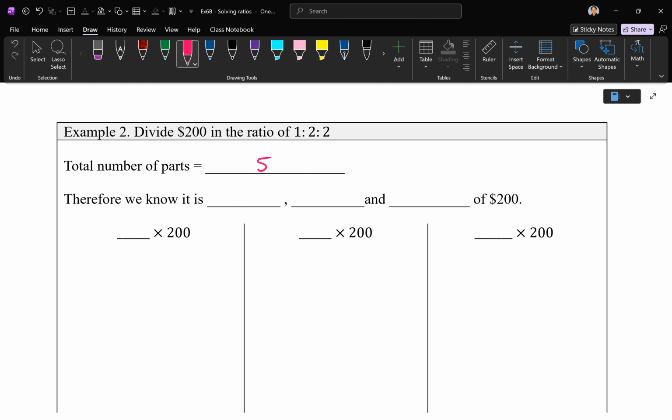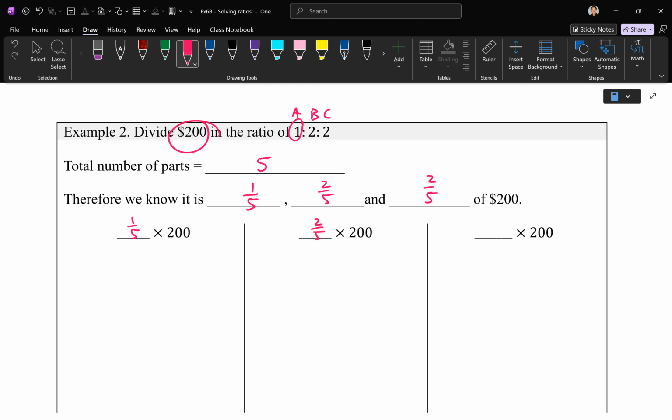Here we go. So you should have then the fractions. If you did the fraction method, that means the first person, so person A should get 1 out of the 5 parts. Person B should get 2 out of 5 parts. And person C should also get 2 out of 5 parts. So if you were to type on your calculator, you're finding what's 1/5 of $200?